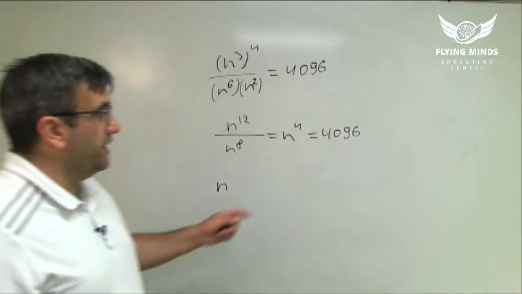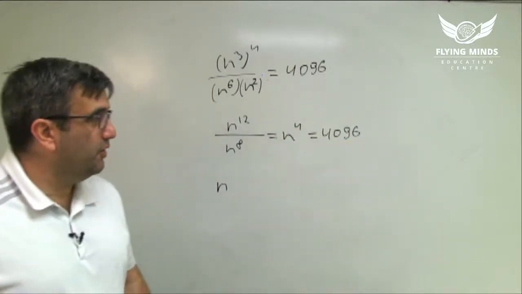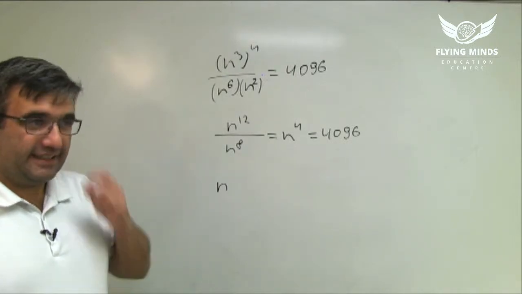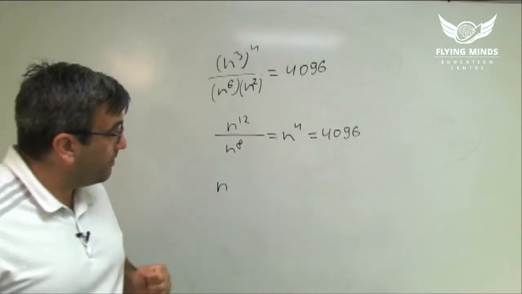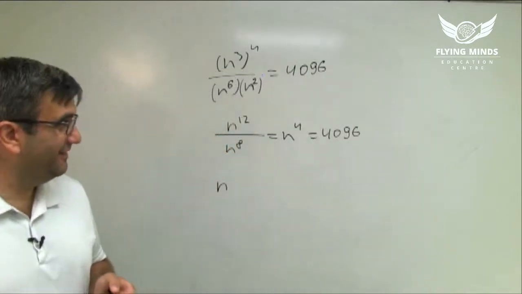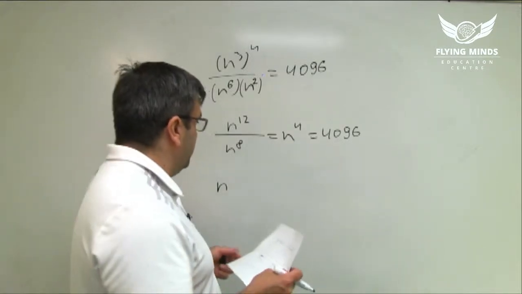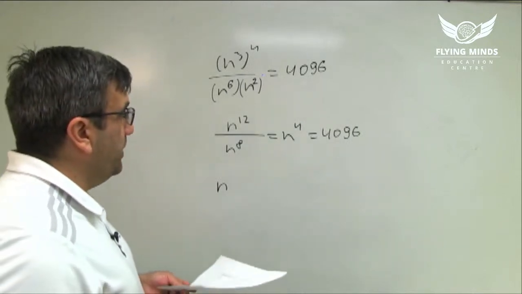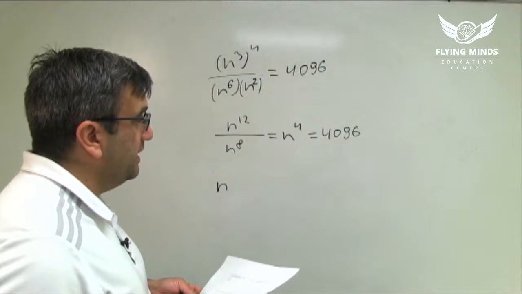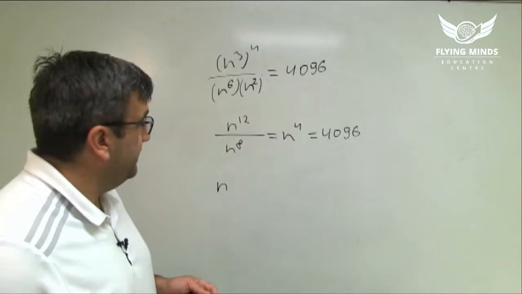So now we need to think about a number that to the power of 4 equals 4,096. That's a challenge, right? If we are not going to use calculators, how can we find it?